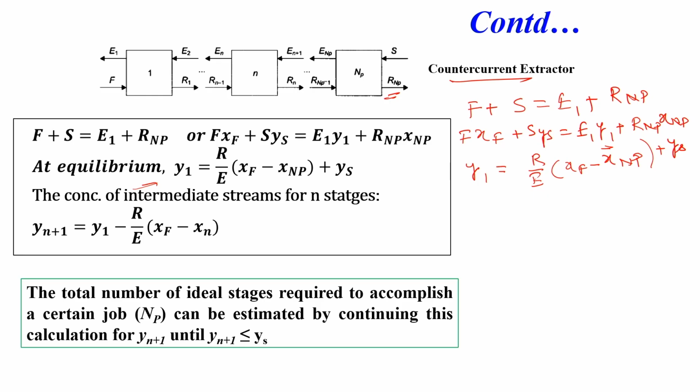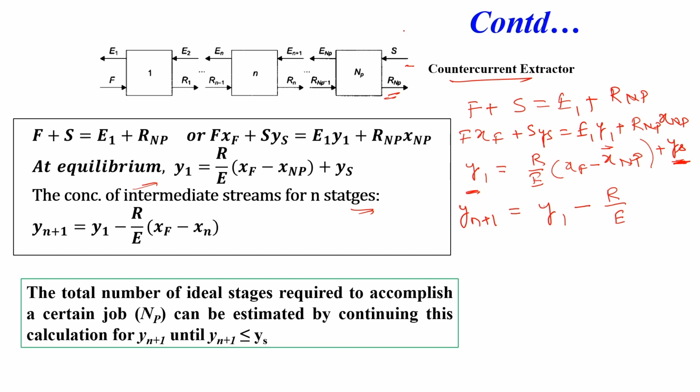Here again we are assuming F equals R and S equals E. If this is the case, this can be generalized for n number of stages, because for Y1 we can write Yn plus 1 equals YS. Where is the YS? This is coming at the last stage.